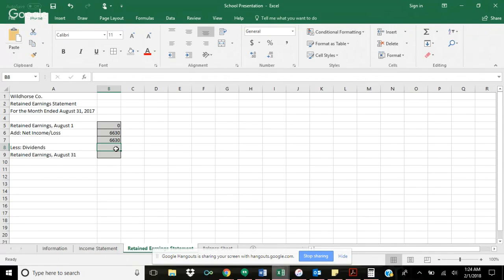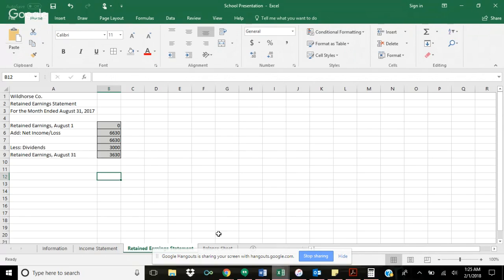So we are going to put that here. As a result, we are going to minus, and so to get retained earnings for the full month, we're going to take what net income we have, minus or less dividends, which is $3,000, in order to get $3,630 for retained earnings.